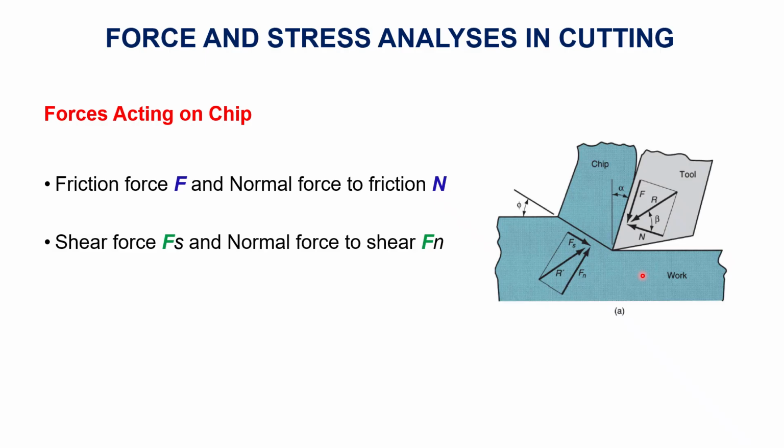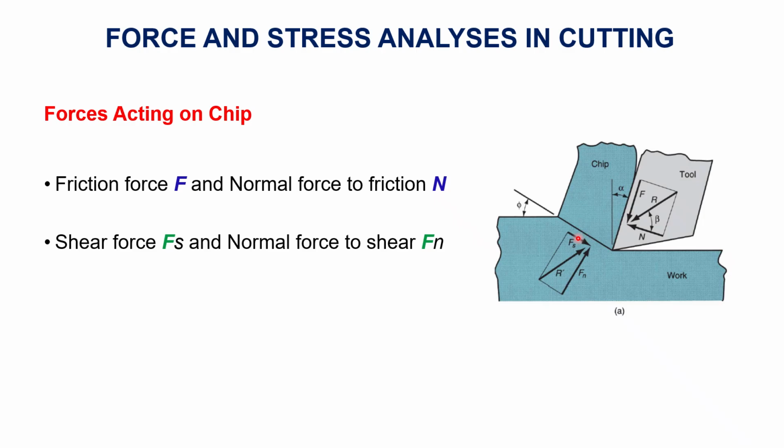The friction force is the one that resists the movement of the chip between the tool and the work part. The normal force to the friction force is perpendicular to it. We have the shear force, which is the force that resists the shear cutting of the chip from the part. And we have the force that is normal to the shear force.